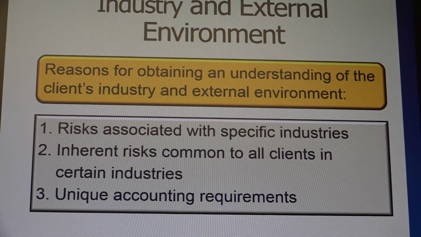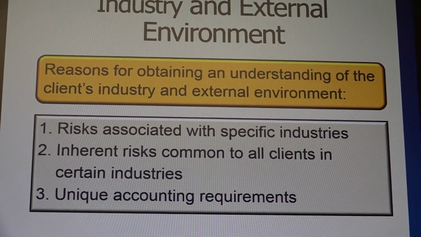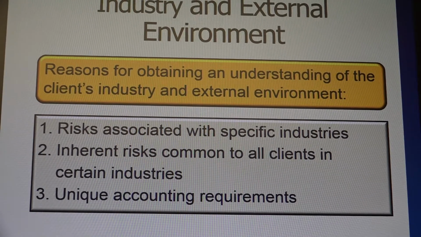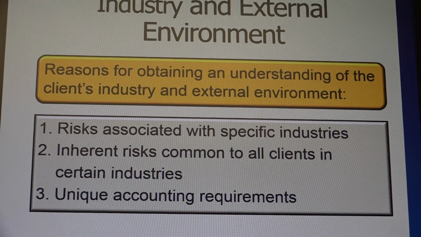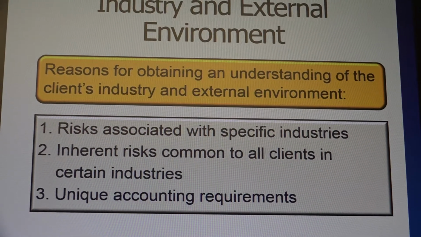They talk about 3 primary reasons for obtaining a good understanding of the client's industry and external environment. Number 1, the risks associated with specific industries, the inherent risks common to all clients in certain industries.